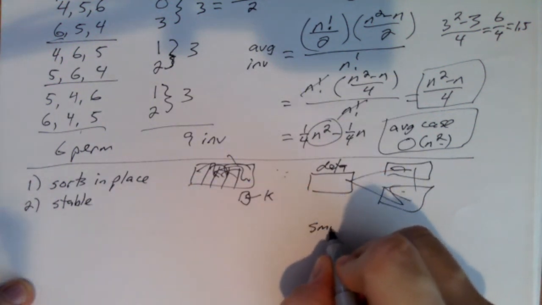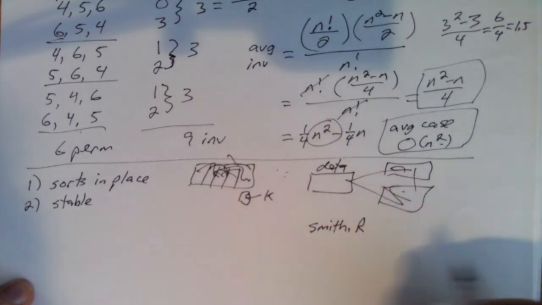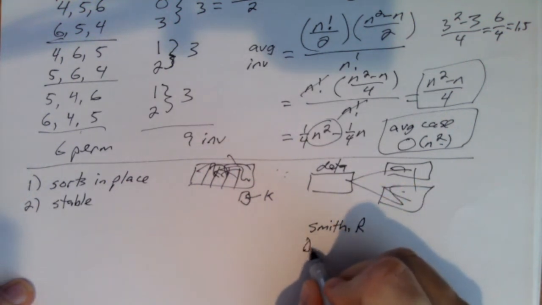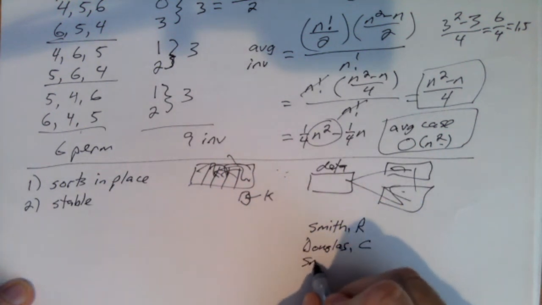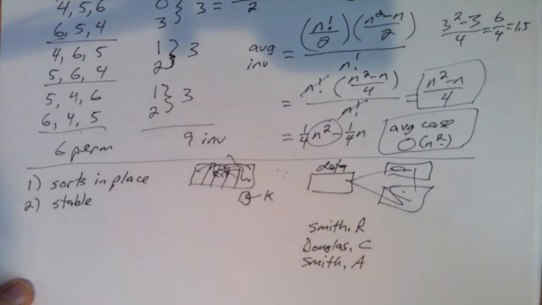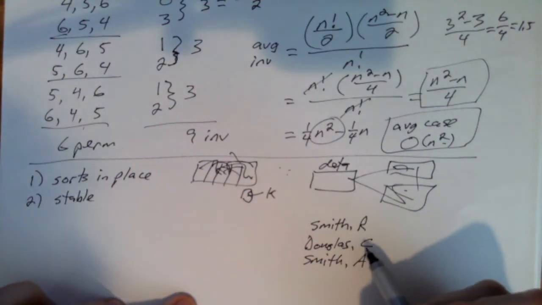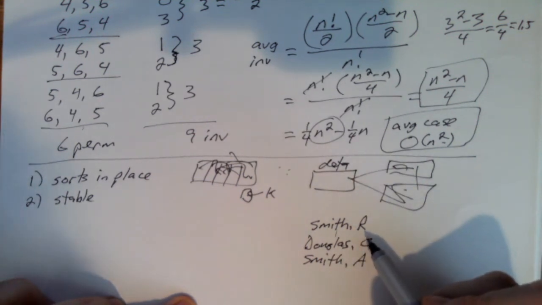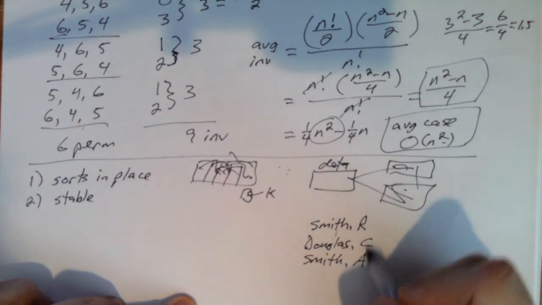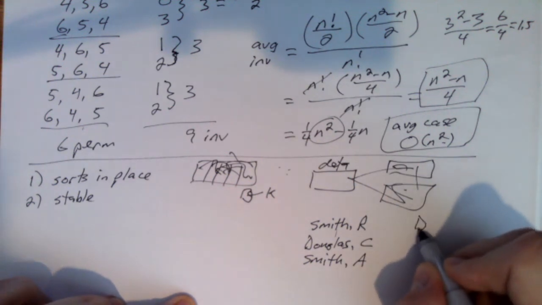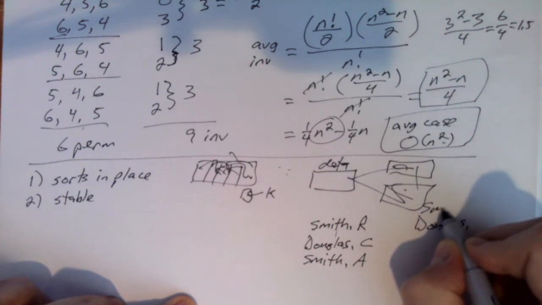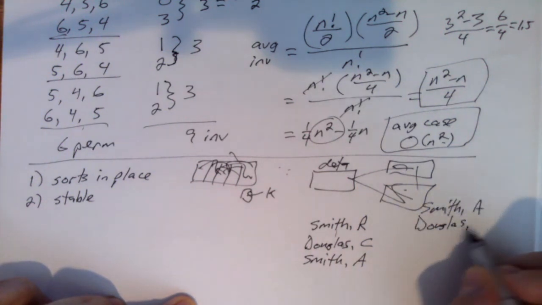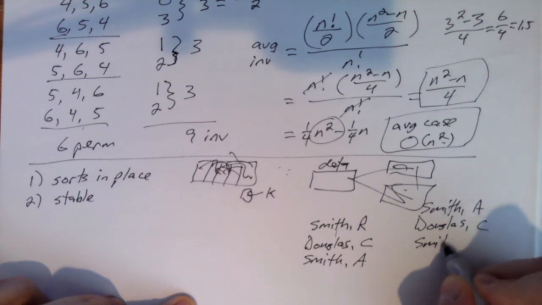So you have Smith, Ralph, I'm just going to put R. You have Douglas, Charles, and Smith, Alex, which I'll just write A. One way you could sort these, if you wanted it sorted by last name, but then subsorted by first name, would be to sort by first name first, which would give us Smith, Alex, then Douglas, Charles, then Smith, Ralph.